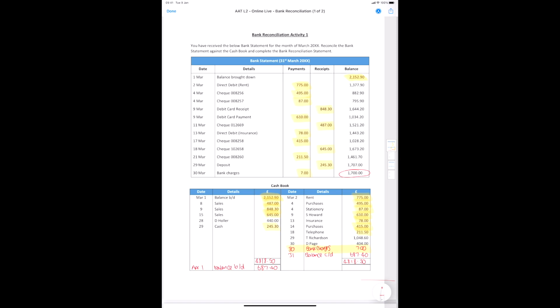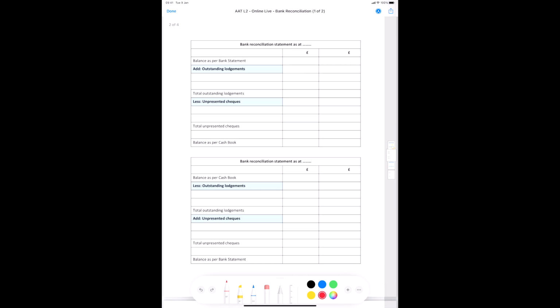The debit entries within our cash book are the outstanding lodgements. The credit entries in the cash book are our unpresented cheques. We're going to enter those into our bank reconciliation statement.